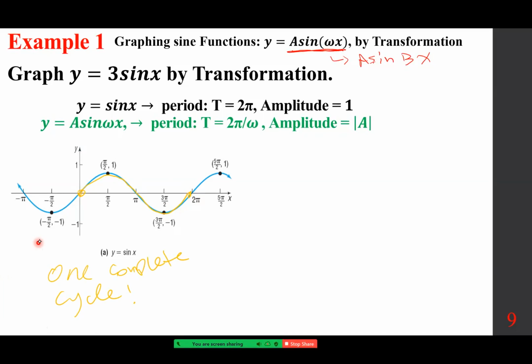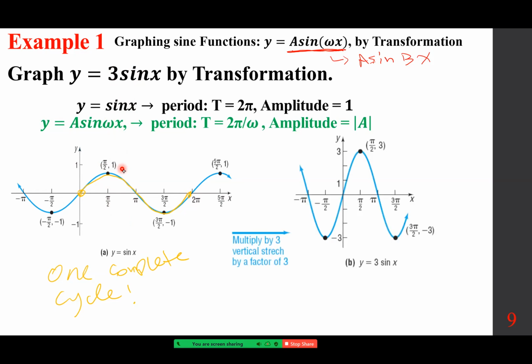As we look at this question, the only thing different from sine is the number 3. So the amplitude is 3. That means you stretch this function by a factor of 3 in the y coordinate: for the same x coordinate, the y coordinate becomes 3 times larger.